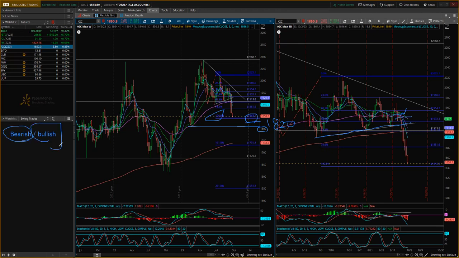Long term, I'm bullish because I believe gold will be the real safe haven asset when the economy goes through a severe recession next year. So long term I'm very bullish on gold, but short term, you can't deny it looks very bearish.